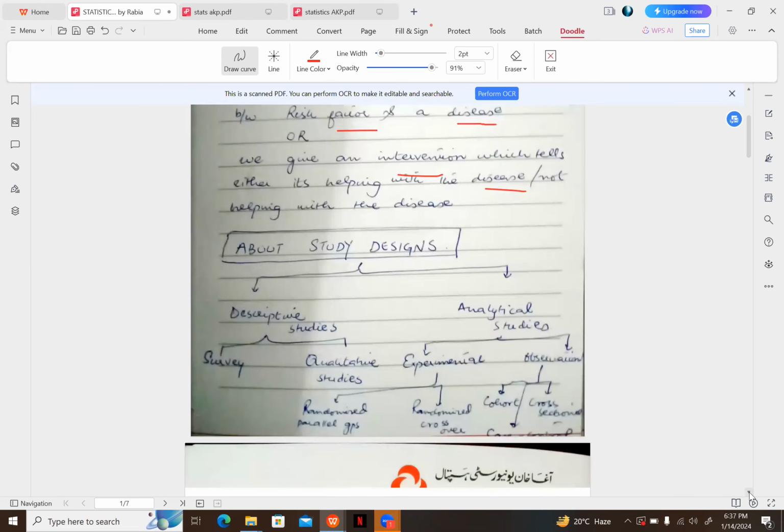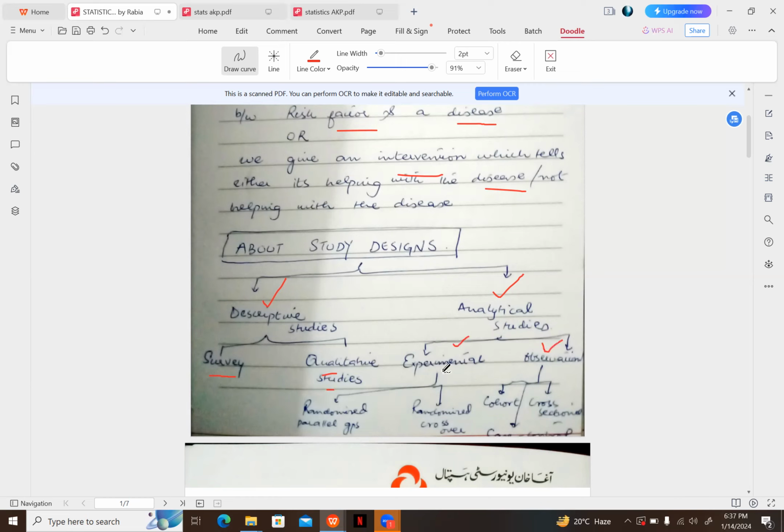What are the studies and what are the different study designs? Basically I have divided them into two types, the descriptive studies and the analytical studies. Descriptive studies are either surveys or qualitative studies. Analytical studies are the experimental studies or the observational studies.